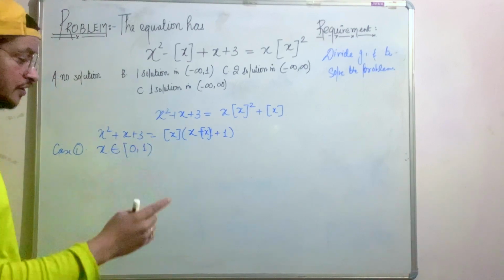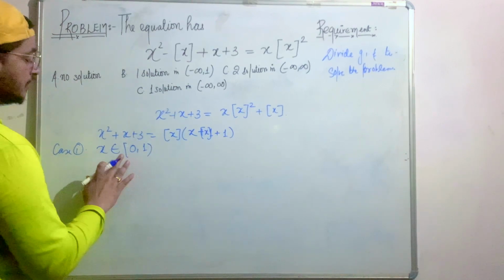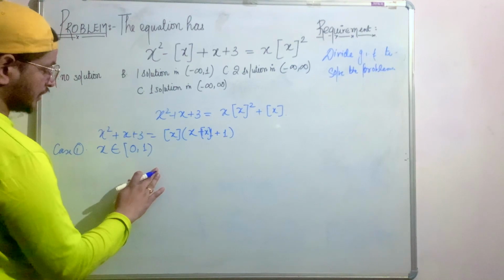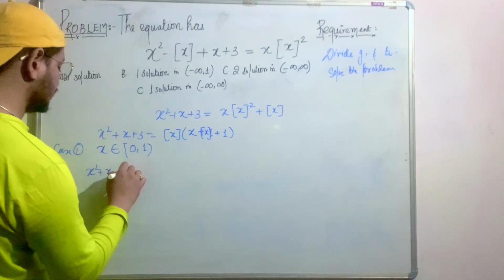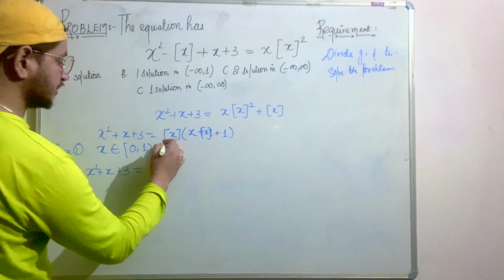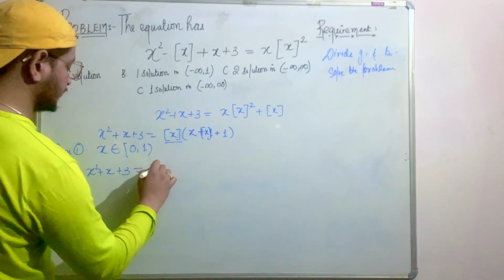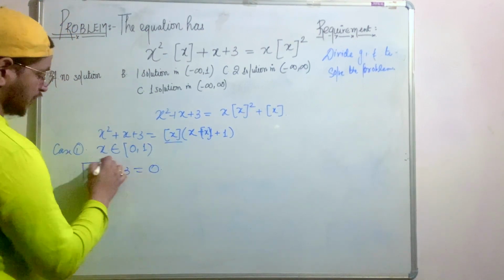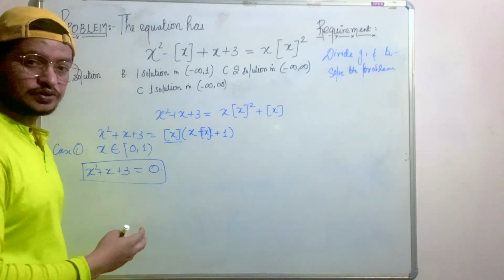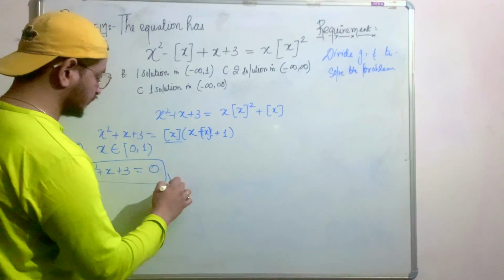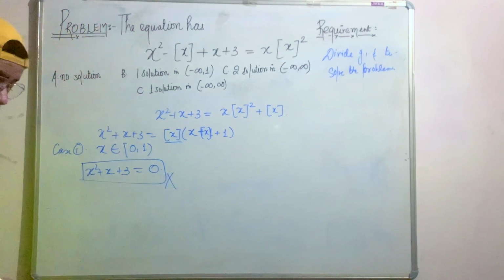So we start with 0. Since x belongs to 0 to 1, the greatest integer function becomes 0, everything will become 0. And it is saying that x square plus x plus 3 is equal to 0, which is not possible. So we will not get any value of x from here.